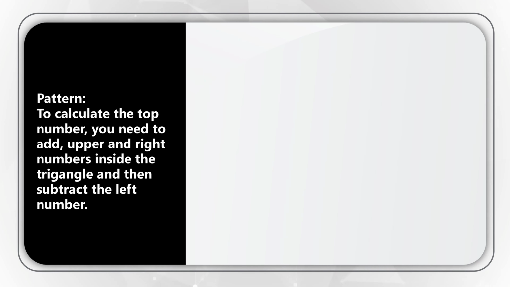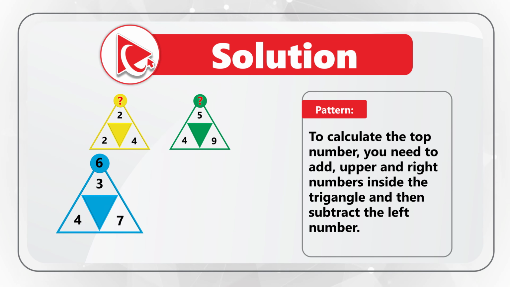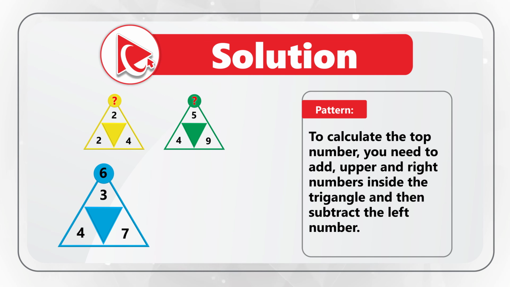The pattern here is that to calculate the number on the top of the triangle, you need to use the inside upper number added to the number on the right, and then you should subtract the left number. For example, for the blue triangle, which has all the numbers, the calculation will be 3 plus 7 minus 4 equals 6.